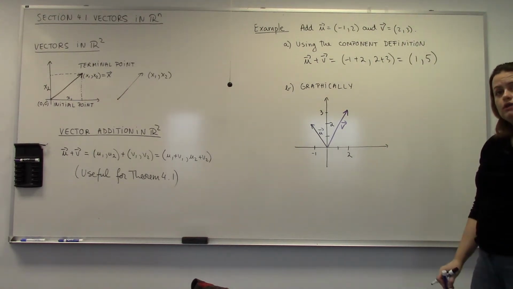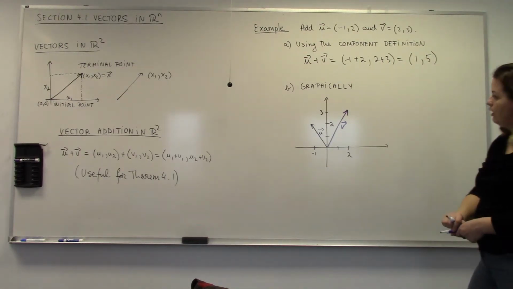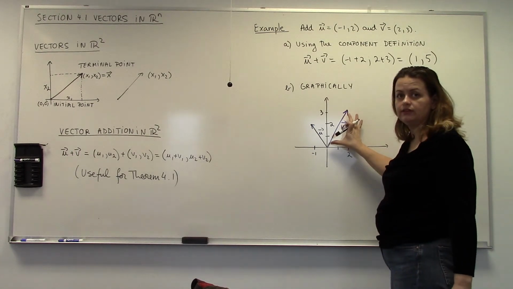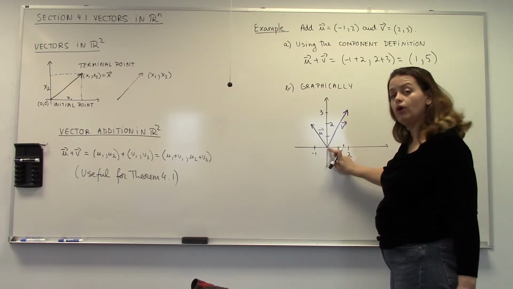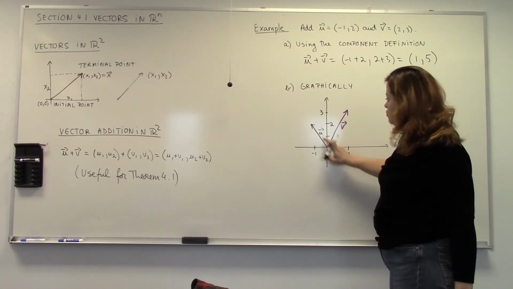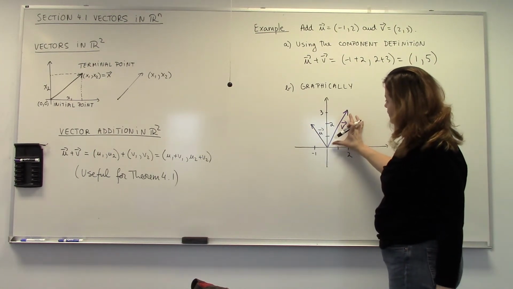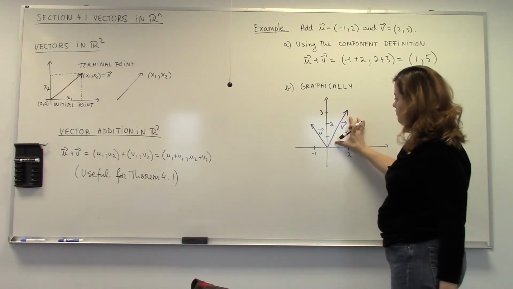Okay, so now if I want to add these vectors, what I'm going to do is I'm going to translate this vector v, and the initial point of vector v is going to go to the terminal point of vector u. It has to have the same size and point in the same direction as this guy does.